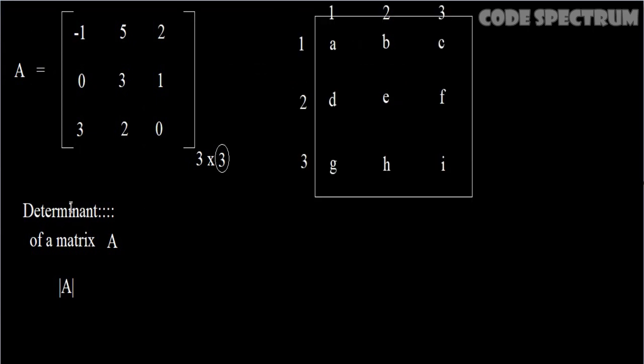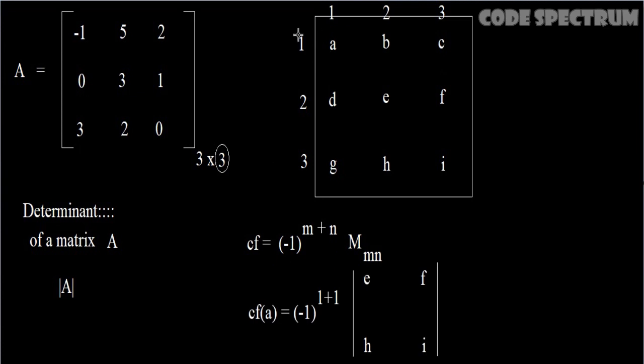Before finding the determinant of a matrix A, you need to know one thing, which is cofactors. What are cofactors? A cofactor is given by -1 to the power of m plus n into the minor of mn. For example, if I take this element A, the row number is 1 and the column number is 1.